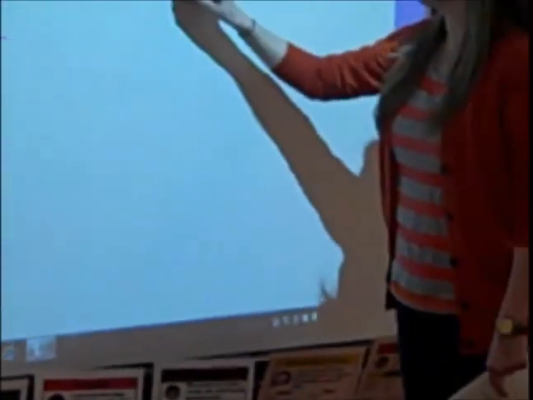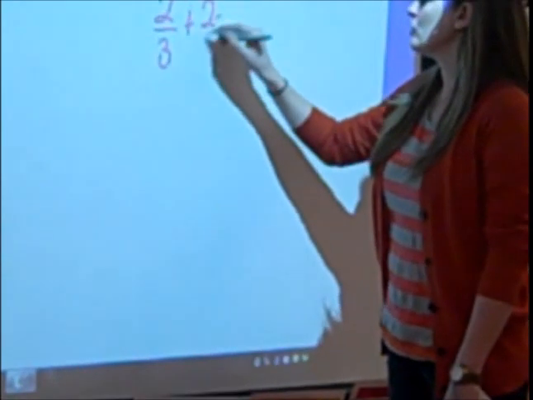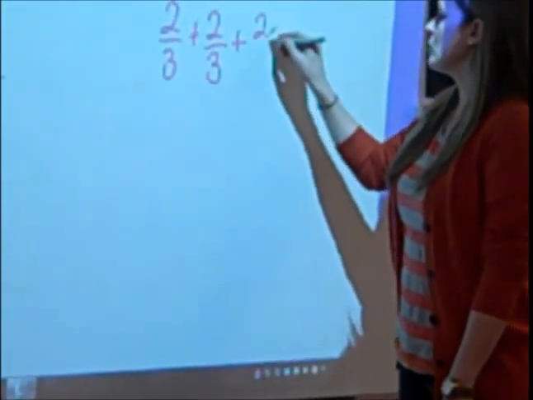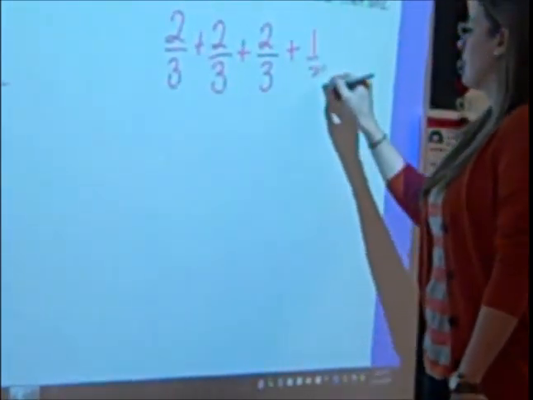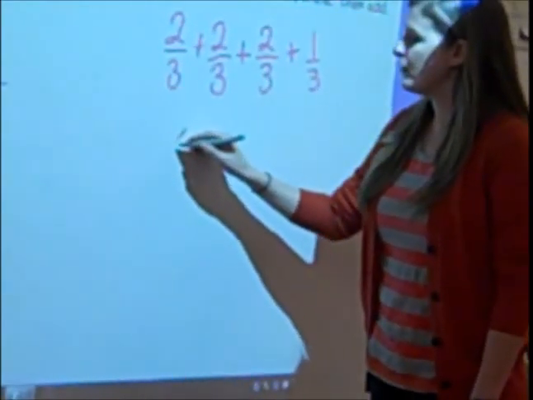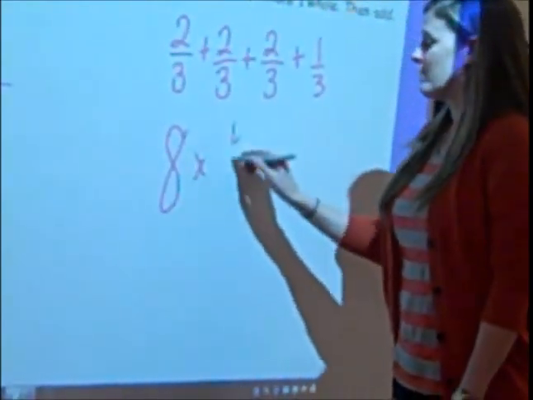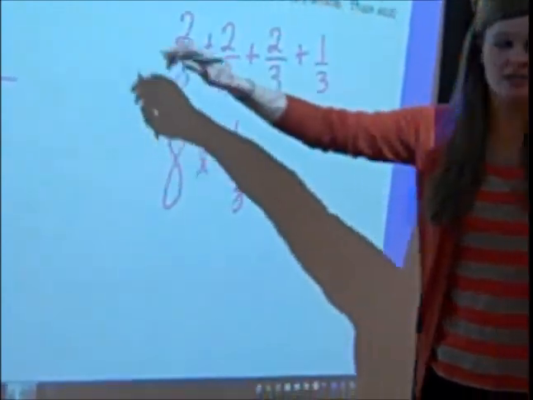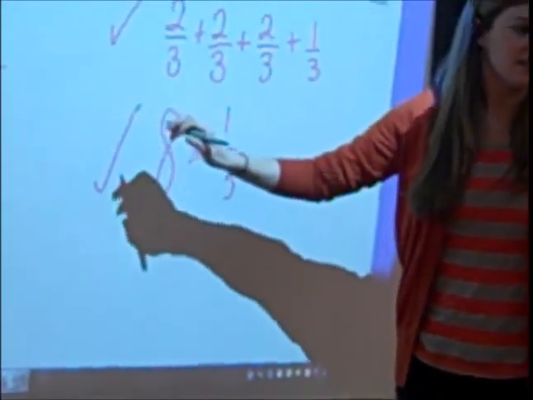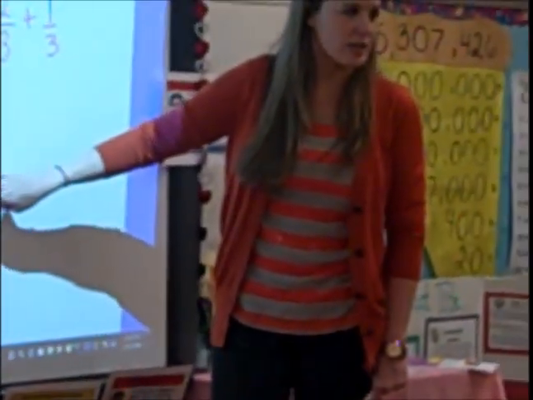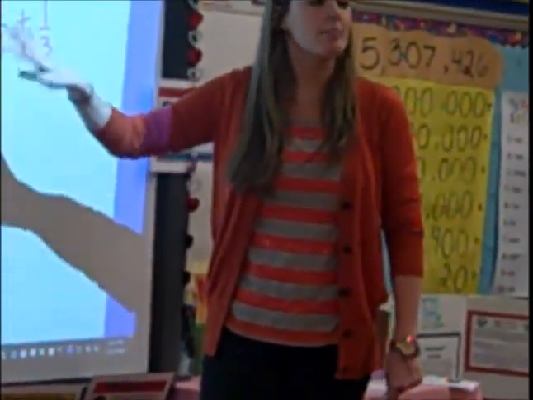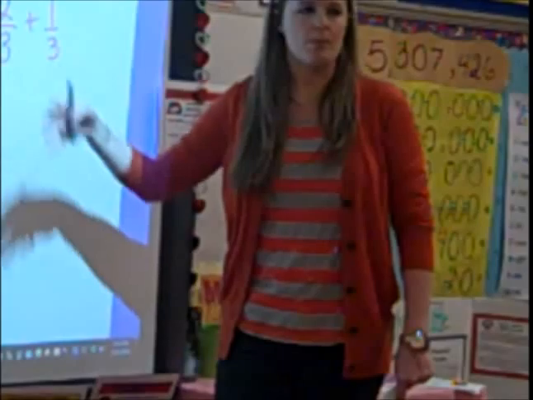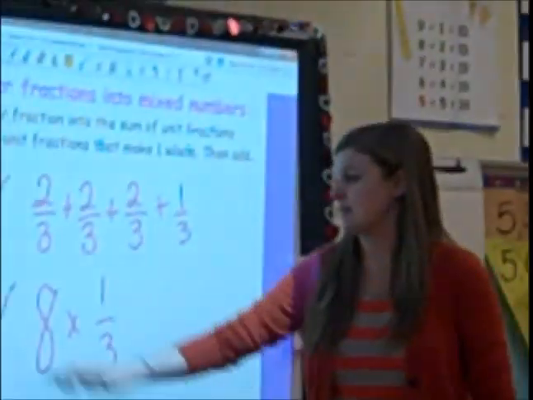And they might have 2/3 plus 2/3 plus 2/3 plus 1/3. Then they might have 8 times 1/3 and all kinds of different options that they would have to select. We're going to get to multiplication eventually, and it's a lot easier than you think, but you would pick what is equal and what's not.